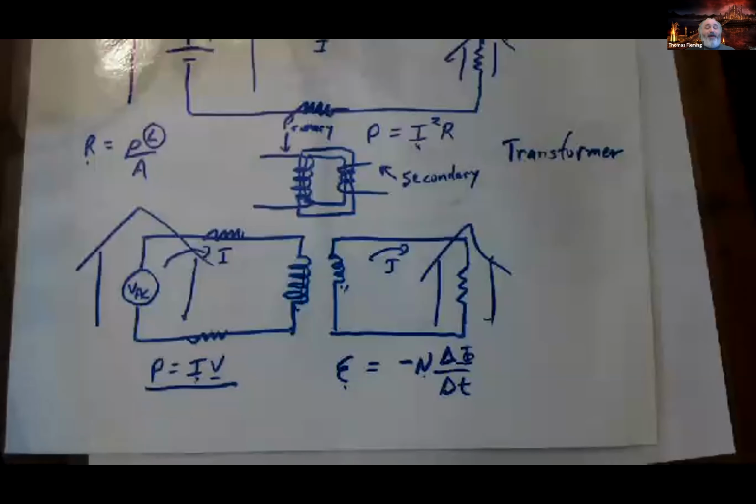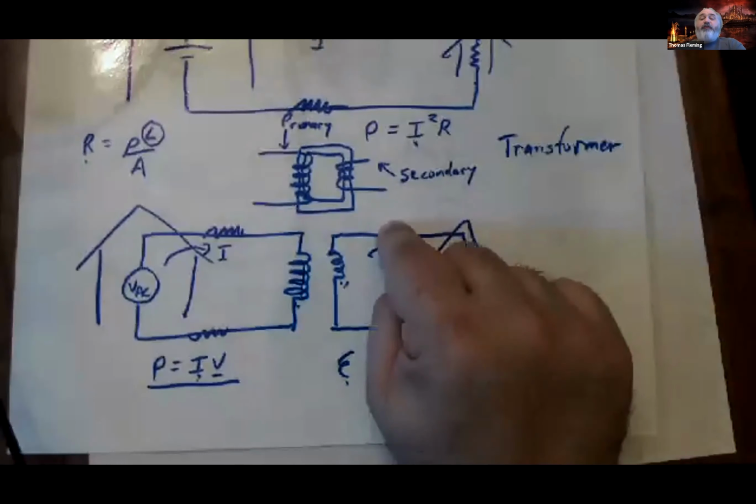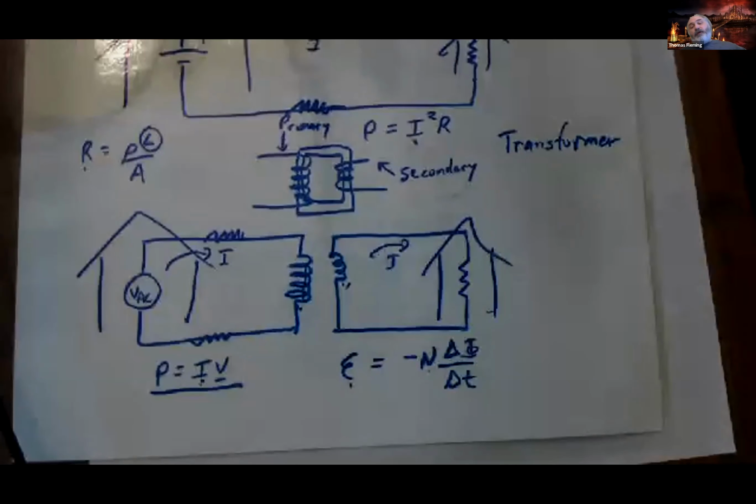There's some stuff that's going to melt. You would destroy your computer if you did that. Fortunately, you can buy adapters. And what are those adapters? They're just transformers. They take 220 volts in and convert it into 120 volts. So that's how transformers work.